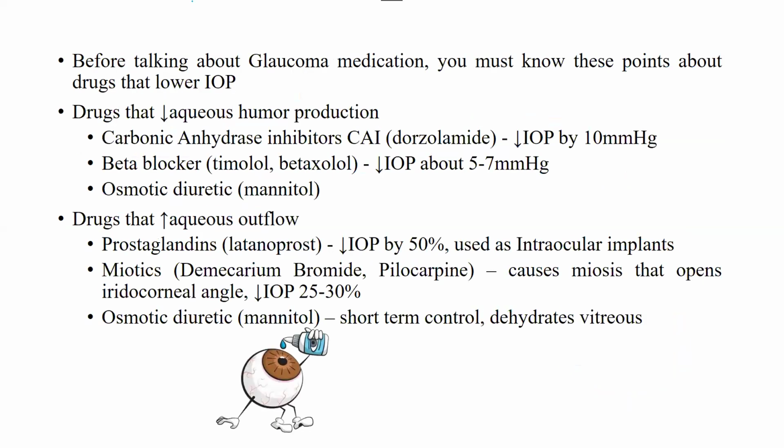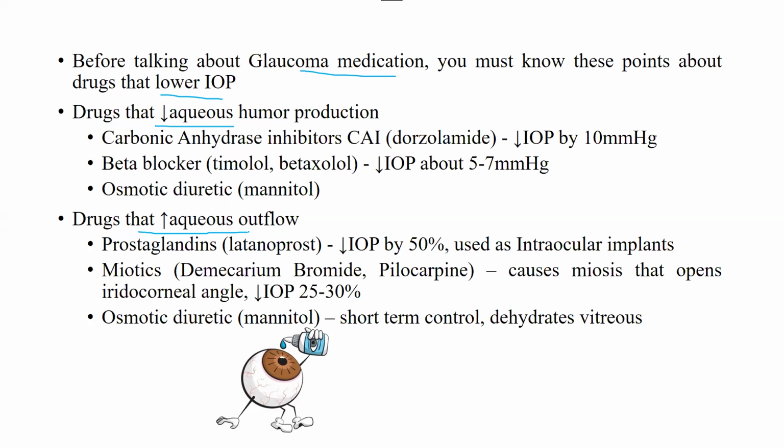Now, before talking about glaucoma medication, you must know these points about the drugs that lower the IOP. Basically we have two types of drugs: drugs that decrease aqueous humor production, and drugs that increase aqueous outflow. The eyeball has increased fluid, and there are two ways to decrease that fluid.